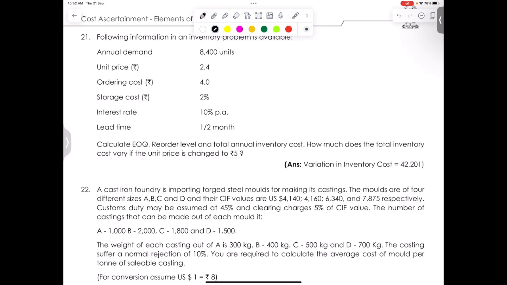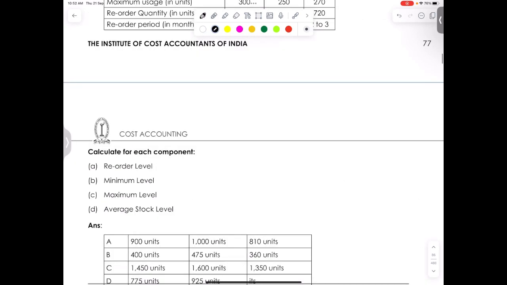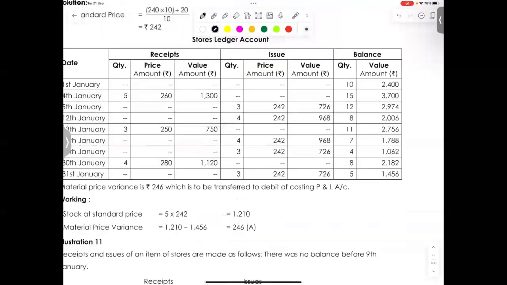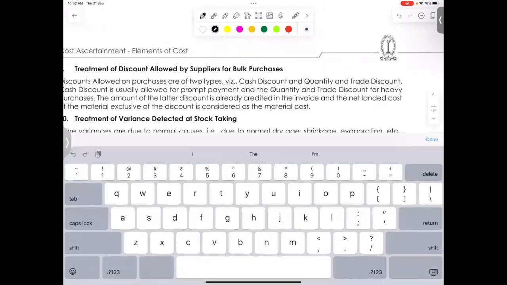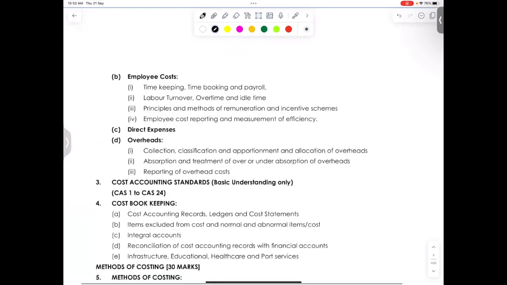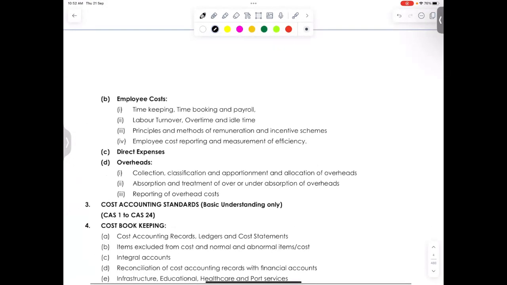Okay, my dear friend, in the next session we are going to start some more important topics. In the second session, whenever it has been scheduled, I will try to cover two important chapters. The second point is employee cost and overhead. These are the most important topics.